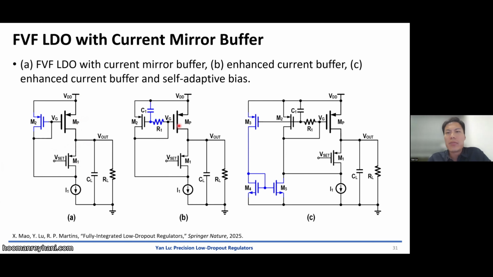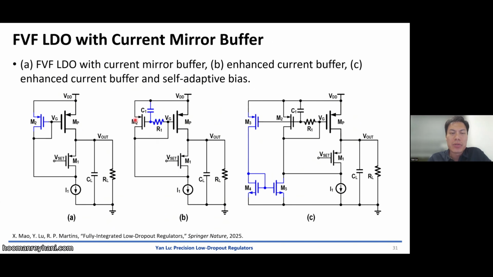And we can have an enhanced current buffer that has an RC circuit here to maintain the bias current here, right?